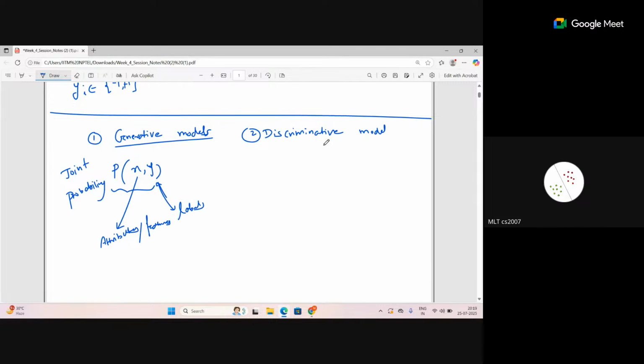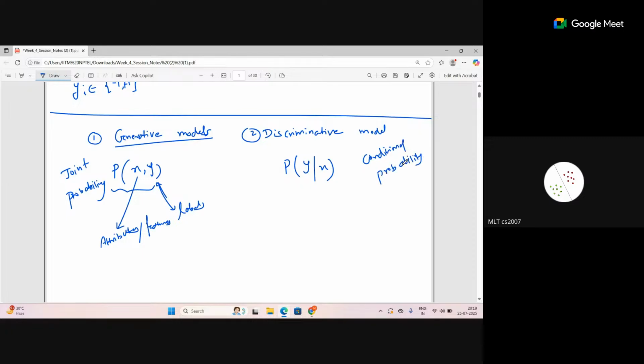In discriminative modeling, you try to find the conditional probability: the probability that this label is 1 or 0 given the data points.